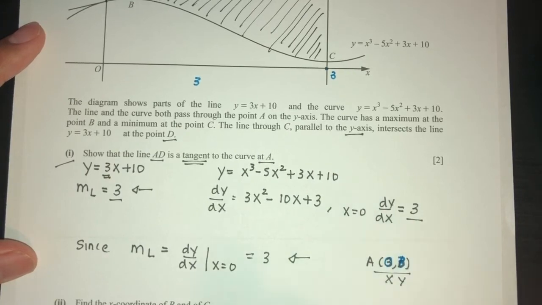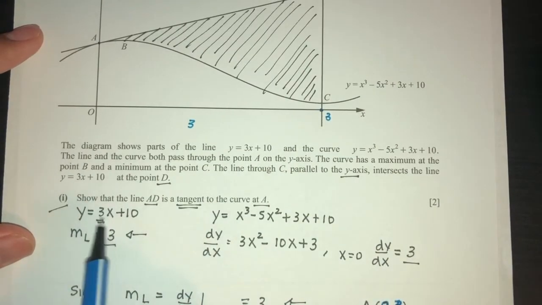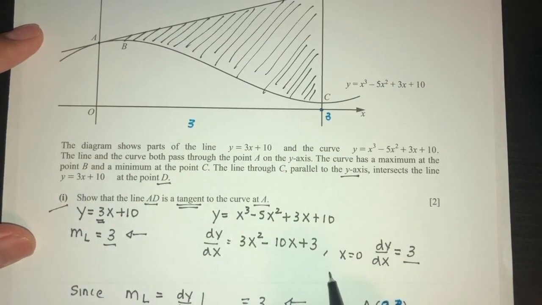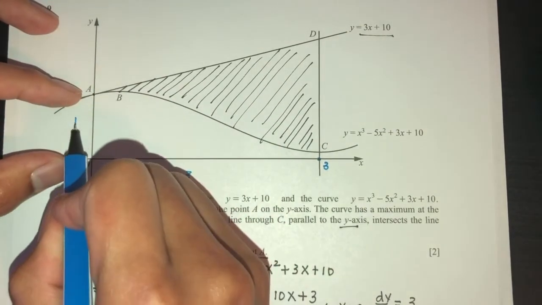So y we don't know, so let's replace to find the value of y. Okay, so basically use this line. So when y is equal to 3x plus 10, when x is equal to 0, the value of y will be 10. So A will be 0, 10, which means the height here is 10.